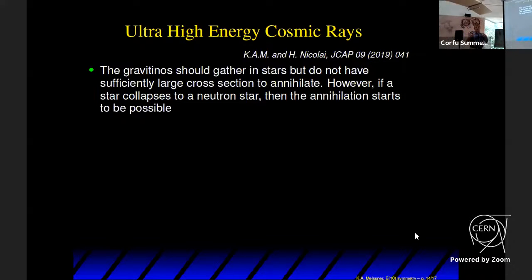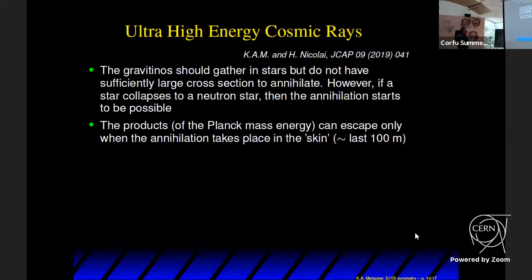But when we calculate the annihilation rate, the only way to produce something is by annihilation. The annihilation rate is too small in the sun, for example, so we will not see anything. But we propose that if the star, not our sun, collapses to a neutron star, the annihilation is big enough to see the products.